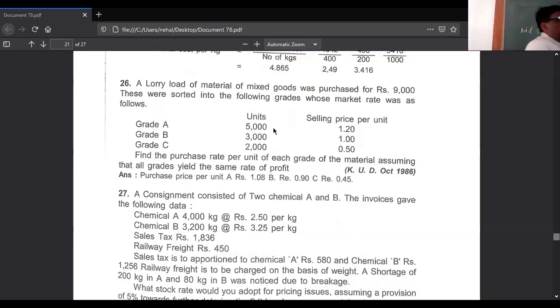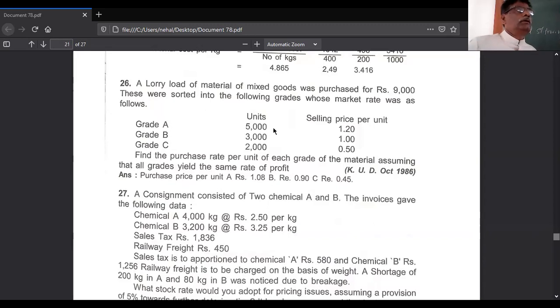You see the example number 26. In example number 26, a lorry load of material of mixed goods. One lorry load is there. In the lorry, mixed material is there.